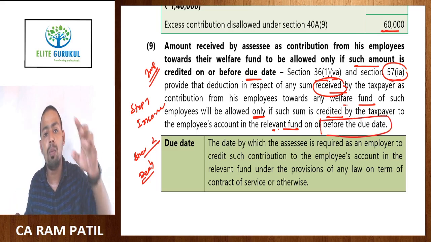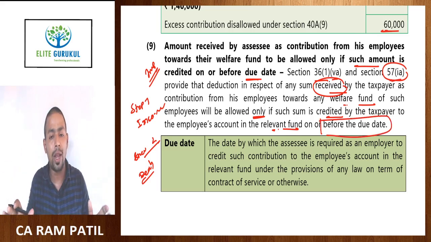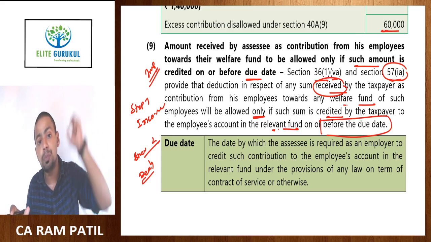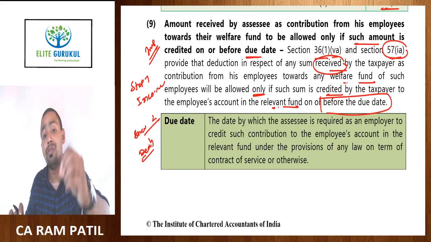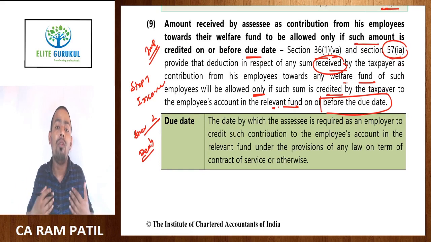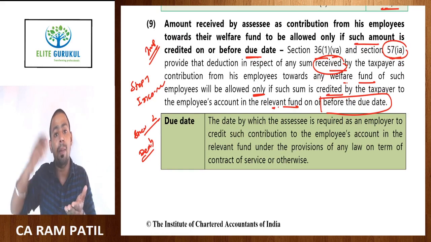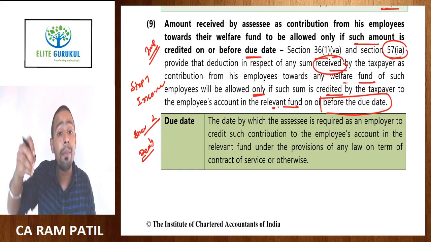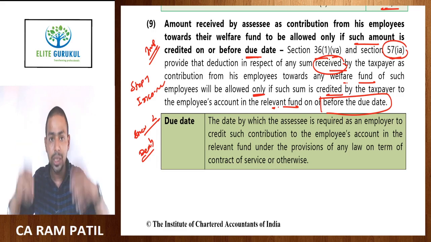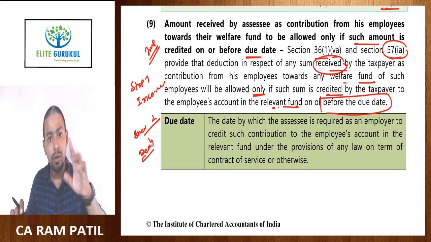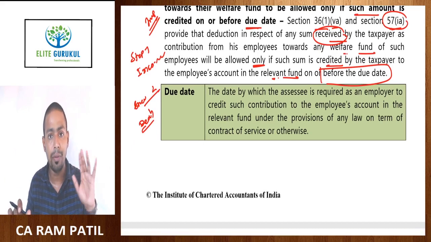Now when they say on or before the due date, it's not the due date of filing of return, it's the due date of the respective fund. For PF it is 15th. For employer contribution we have time up to filing of return, but for employees' contribution we must deposit within the due date given by the respective fund.